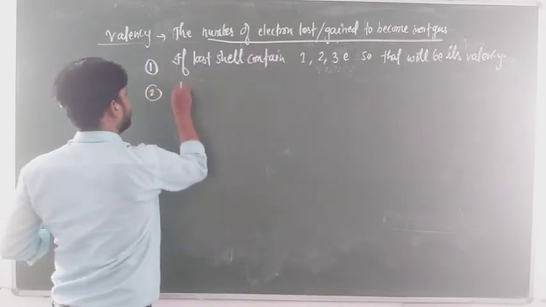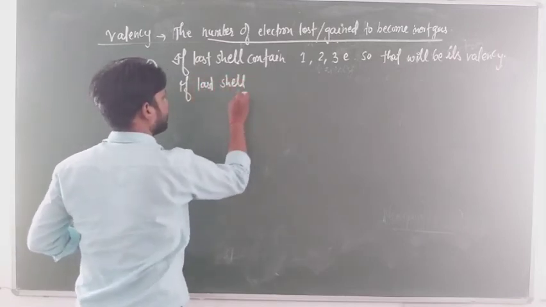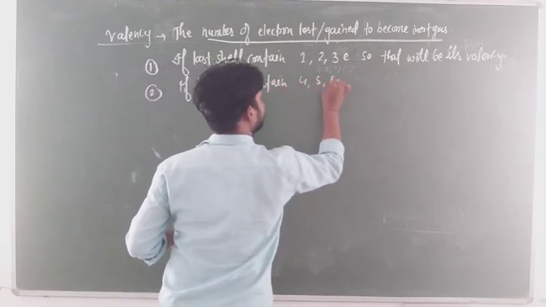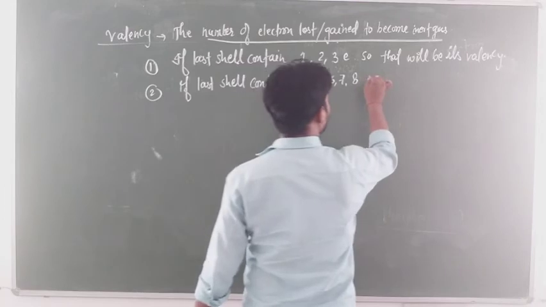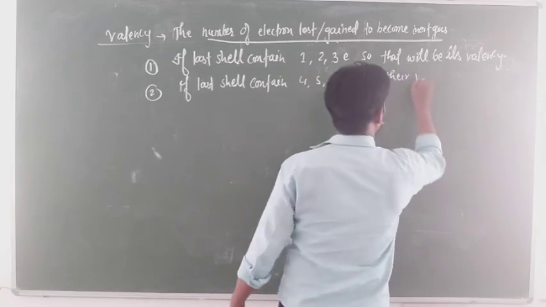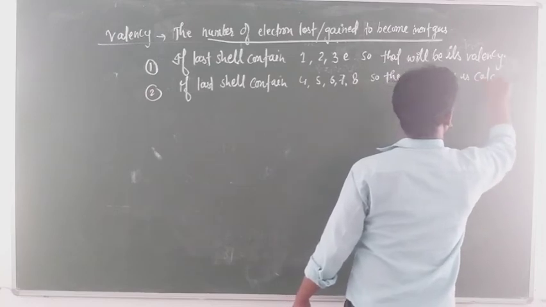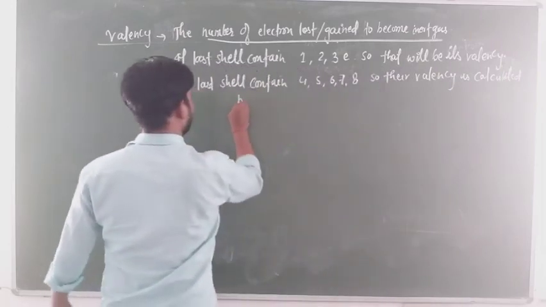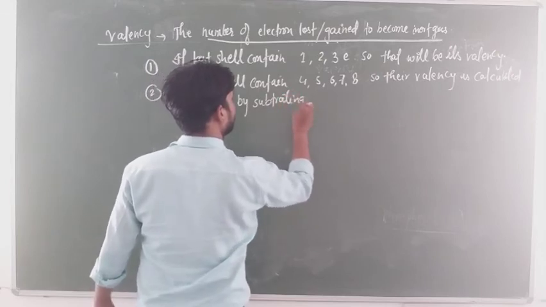Second, if the last shell contains 4, 5, 6, 7, 8 electrons, their valency is calculated by subtracting from 8.